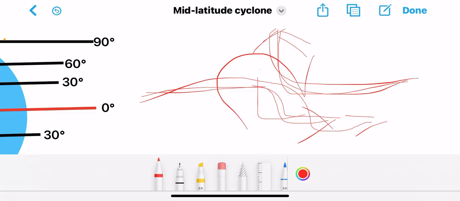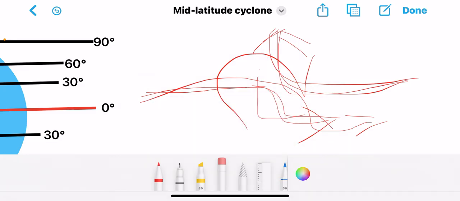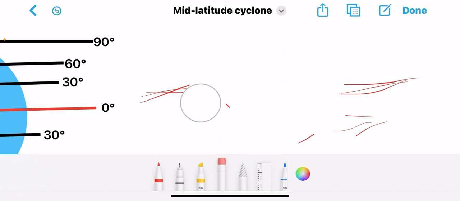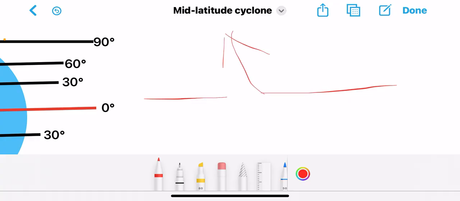I repeat again, for a low pressure to form, we have to have warm air and cold air meeting. So let's say this is our warm air and this is our cold air. Now the warm air will rise. Why? Because the cold air will undercut it.